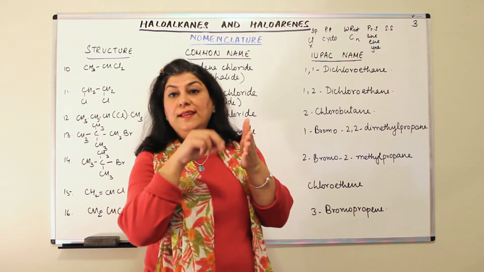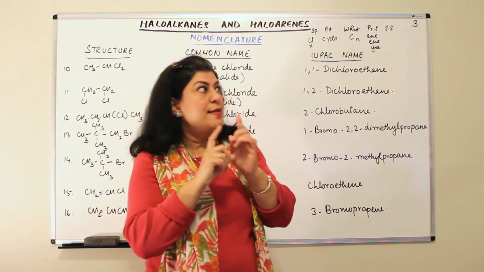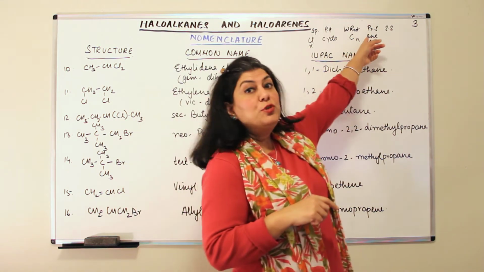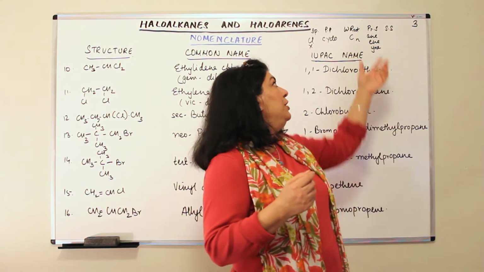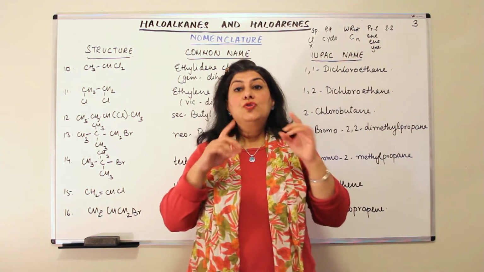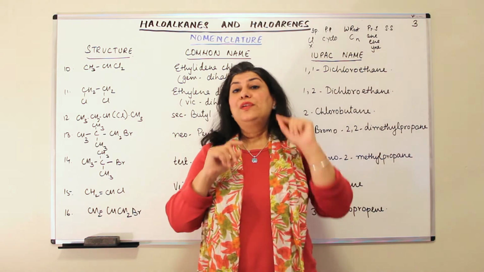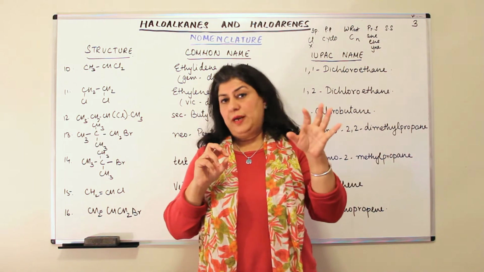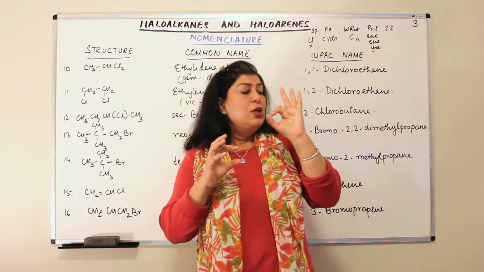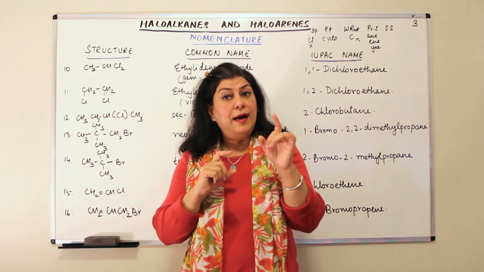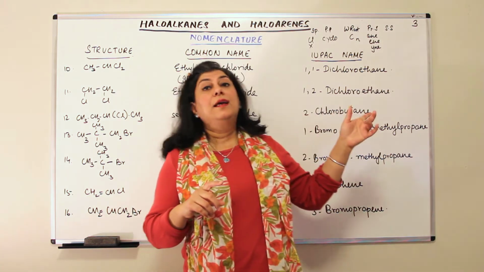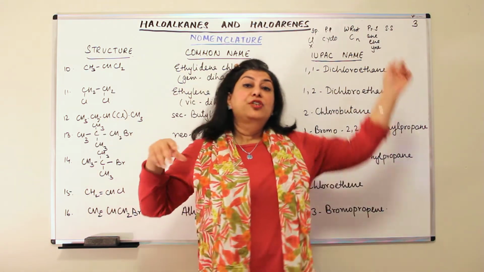Whenever you have to assign the locant, you will assign the lower locant to the position of the ene and yne. Ane, of course, needs no locant. So you will first give the locant to the ene and yne, and then you will give the locant to the substituent, which is the prefix.